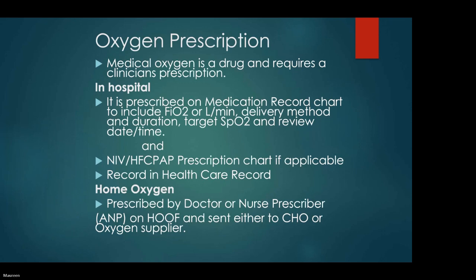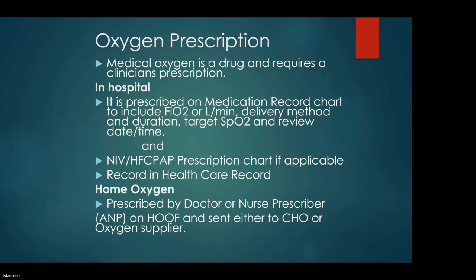So people don't think about oxygen as a drug, but it's classed as a medication, and therefore it requires a clinician's prescription. Now, in a hospital setting, we've got systems in play whereby oxygen is prescribed on our medication record chart, or we now have a new oxygen prescription chart specifically for that purpose.